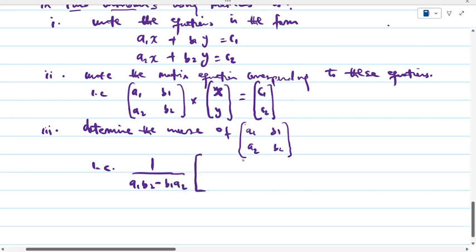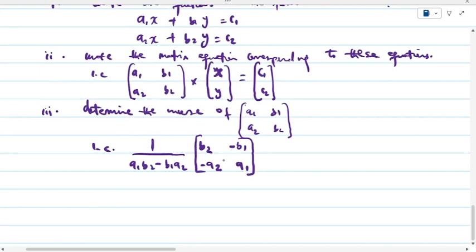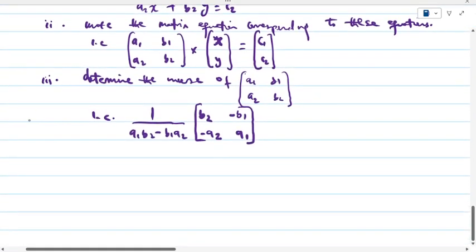Then we multiply it with this matrix: we interchange a1 and b2, then change the sign of the other two, which gives minus b1 and minus a2. So you can check our previous lesson to find the inverse of a 2 by 2 matrix.